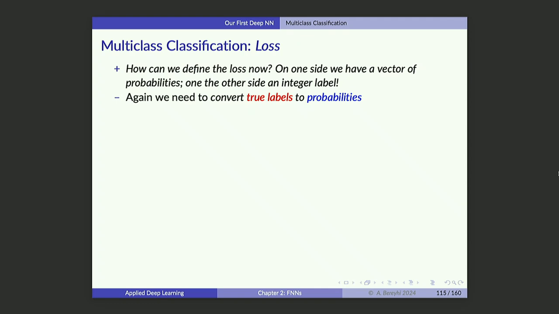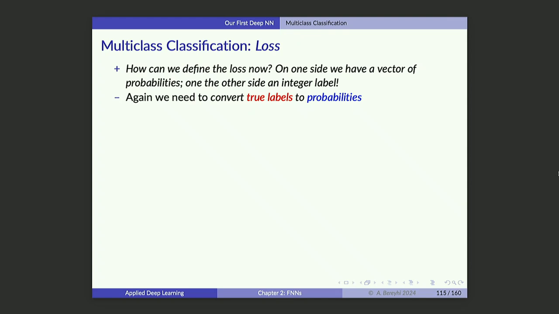Then what can I say? Now, if I see that my v equals 3, then what would be the probability of v being 0? If I see the true label being 3, what is the chance of my true label being 0? 0.